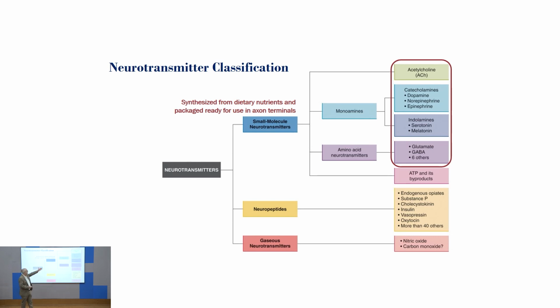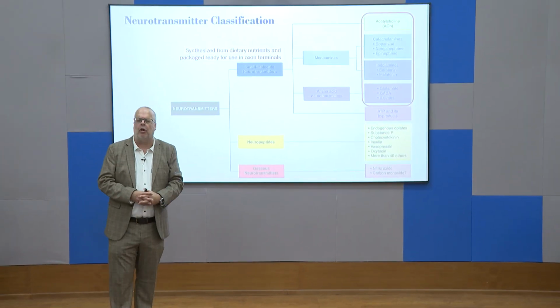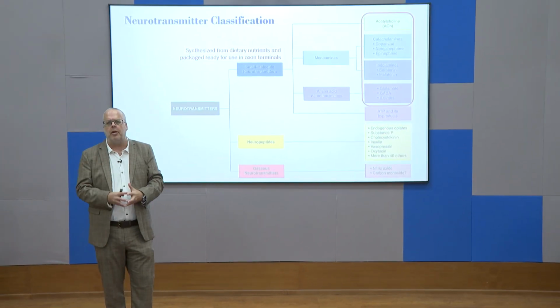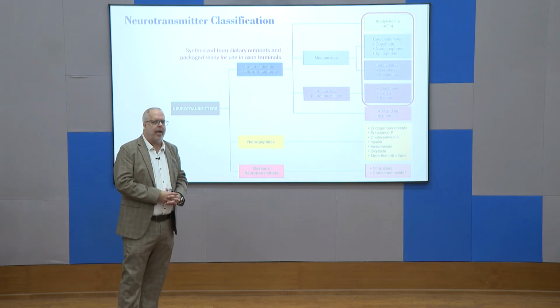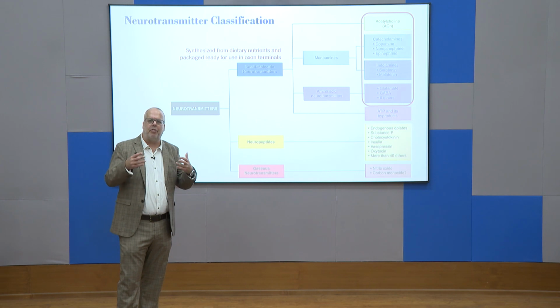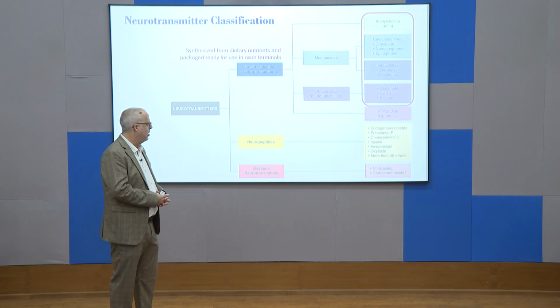So again, we have serotonin, norepinephrine, dopamine, acetylcholine. We've kind of mentioned many of these in past episodes. We also have glutamate and GABA. Glutamate is considered the primary excitatory neurotransmitter in the brain. GABA is the primary inhibitory neurotransmitter.